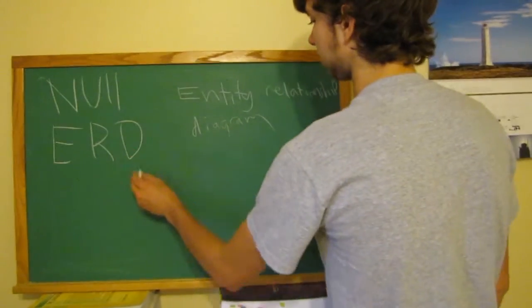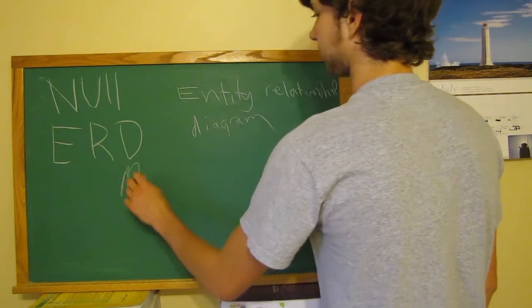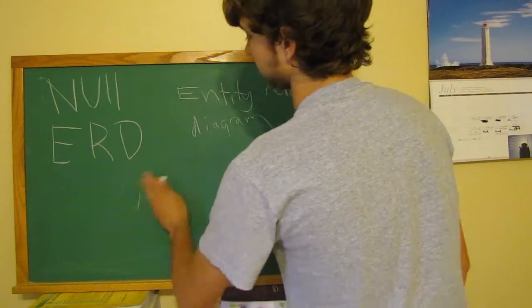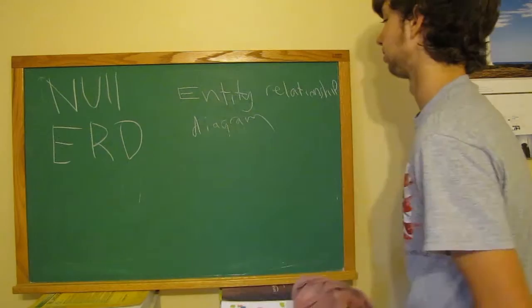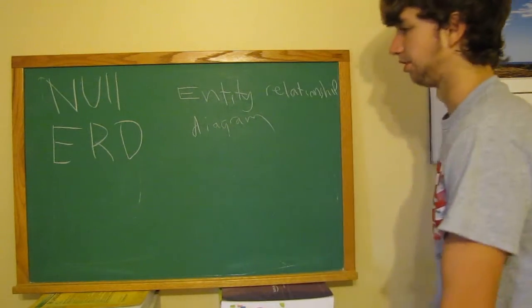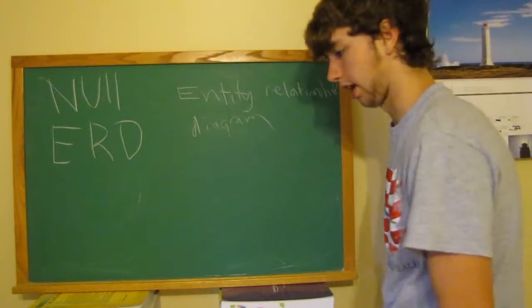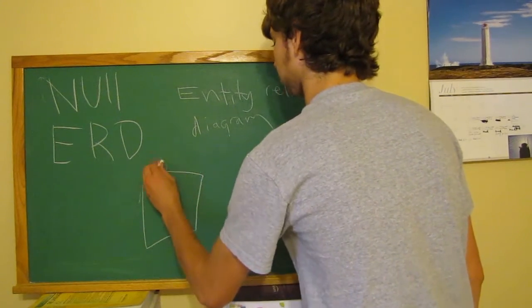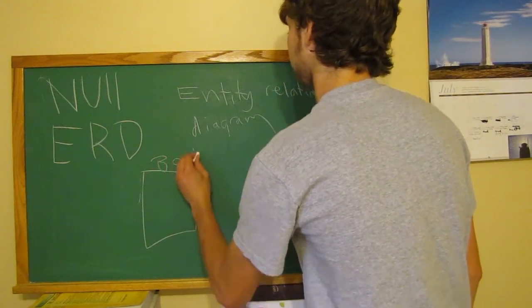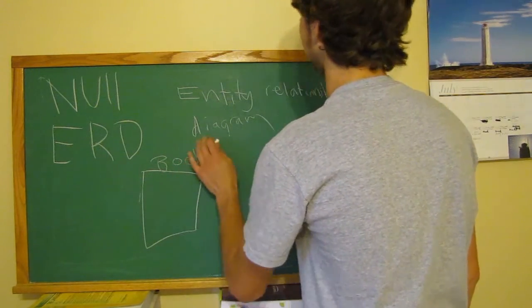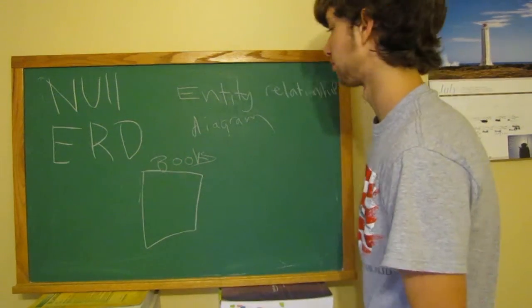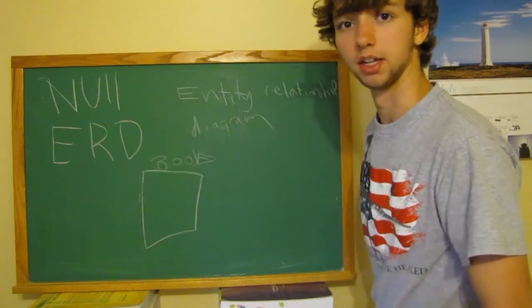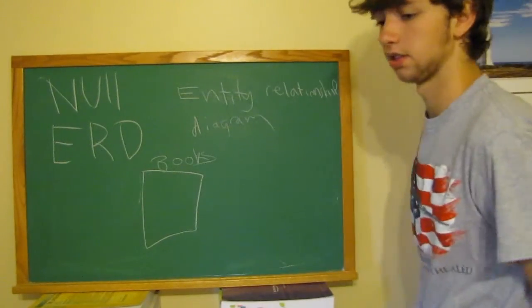D could also be M for entity relationship model, but I'll just use ERD. So an entity relationship diagram is when you design a database with boxes. So you have a table here, books, and you can find these entity relationship diagrams on the computer, and I'll be designing a database at the end of the series with you guys using one of these.